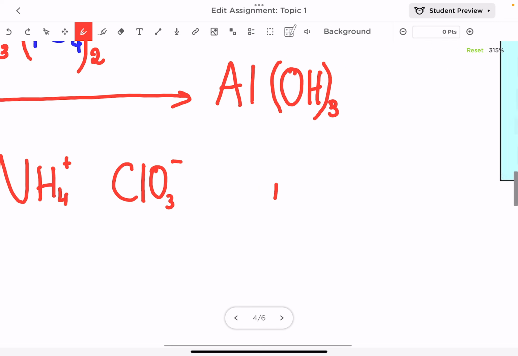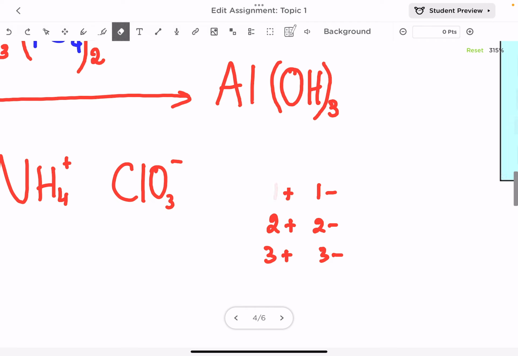In this case, when the charges on the ions are equal and they neutralize each other, there is no need to do the X rule. So for example, in the case of 1 plus and 1 minus, or in the case of 2 plus, 2 minus, or in the case of 3 plus, 3 minus, you don't do anything. You just erase the charges without writing any additional subscripts, and you have the final formula.